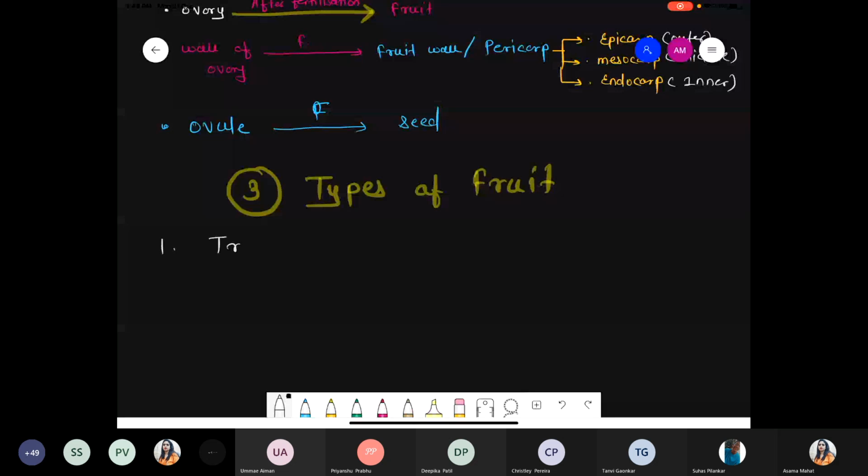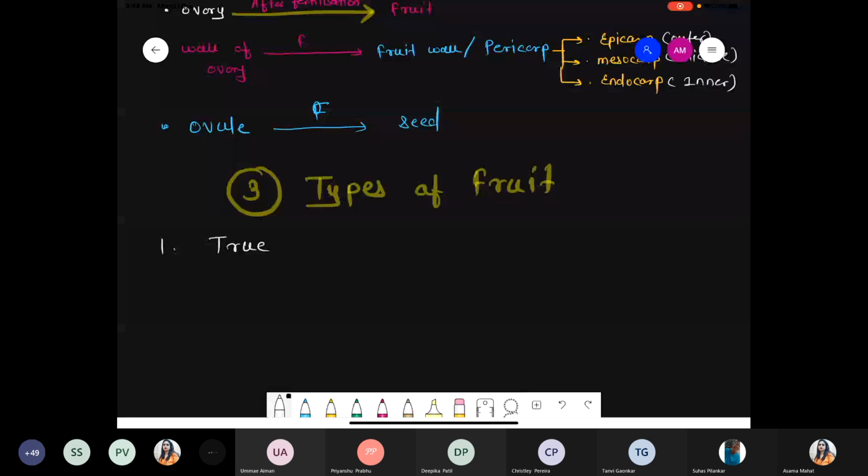First one, we are talking about true fruit, and true fruit is also called eucarpic fruit. Eu means true, eucarpic fruit. What are the exact characteristic features of the true fruit? First point, inside the true fruit, a superior ovary is present.